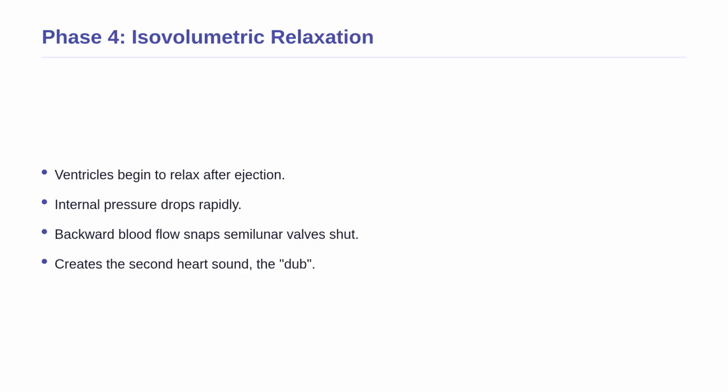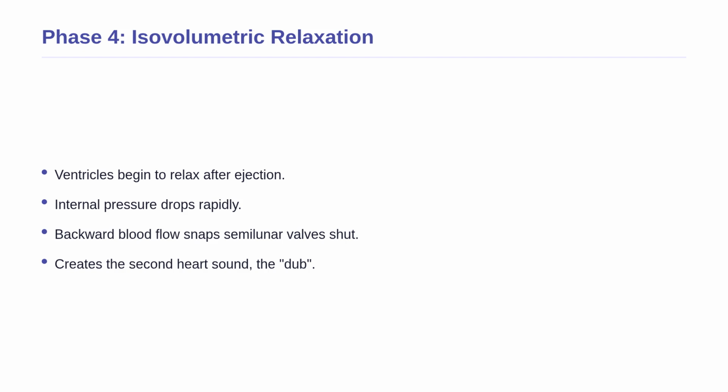After ejecting the blood, the heart must recover, bringing us to the fourth phase, isovolumetric relaxation. The ventricles begin to relax, and their internal pressure drops rapidly. Because of this pressure drop, blood in the aorta tries to flow backward into the heart.